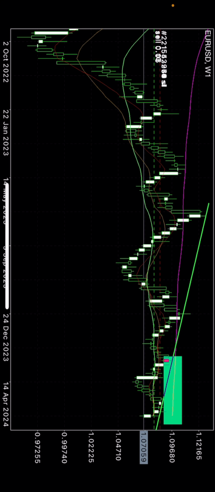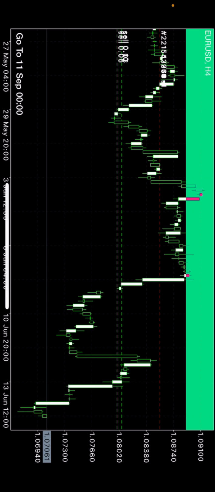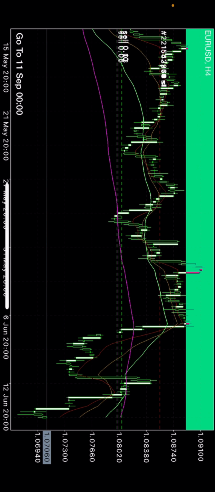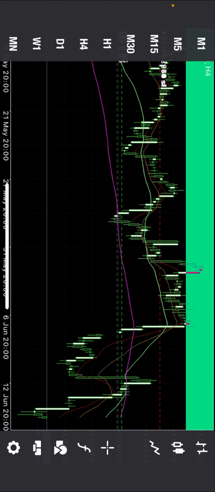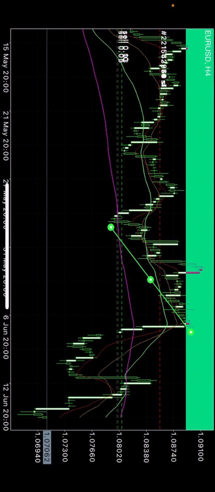And then, like the rule said, once the zone is tested on the higher time frame, we then scroll down to a smaller time frame, right? And on the smaller time frame, what did I say we look for? We look for a clear of previous structure, right? So what do I mean by previous structure?